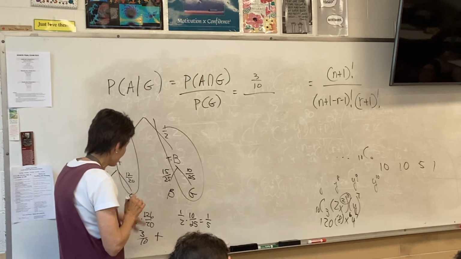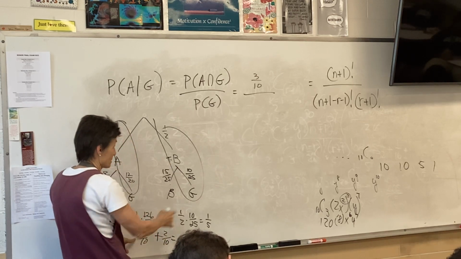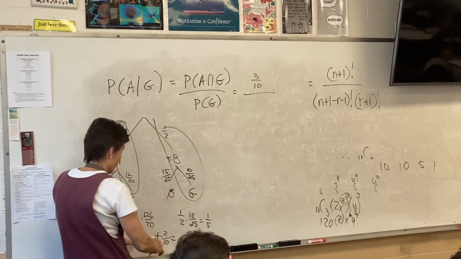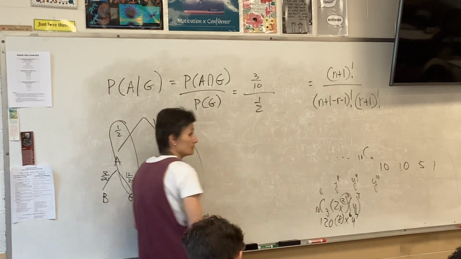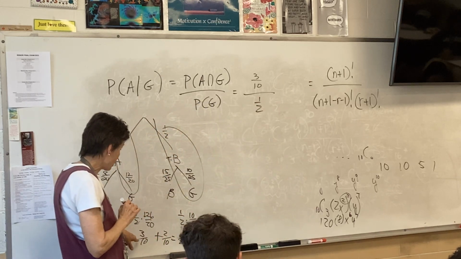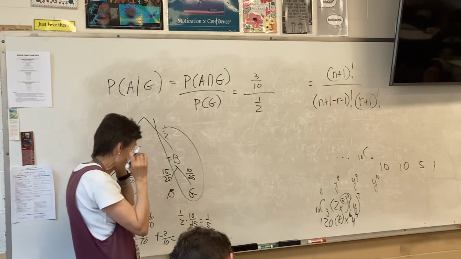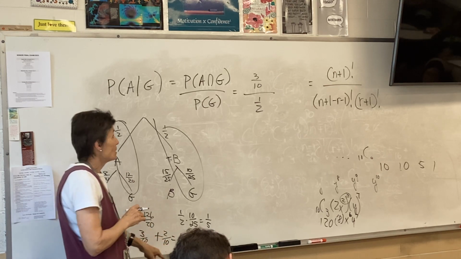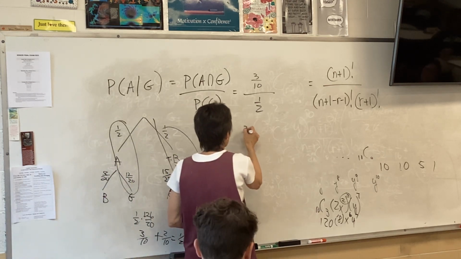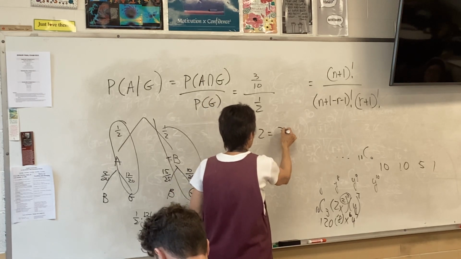So my denominator is 3/10 plus 2/10, which is 1/2. Because that's the total girls. This one and this one added together, if my arithmetic's right, that's 1/2. So your answer is 3/10 times 2, which is 3/5.